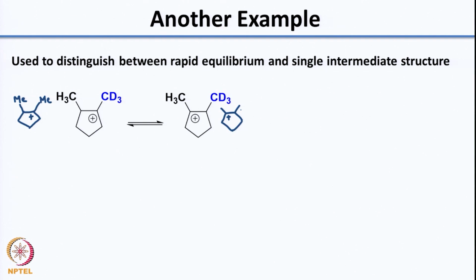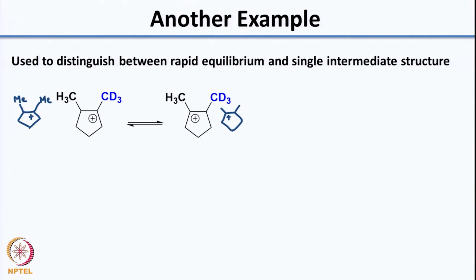Now, with the isotopic substitution of CD3, do you think there will be a perturbation or a change in the equilibrium, or in other words, is one of these structures more stable? If I have the carbocation next to a CD3 versus a carbocation next to CH3, will one of these structures be more stable? You can press the pause button and think about this and try to rationalize your answer in your notebook.